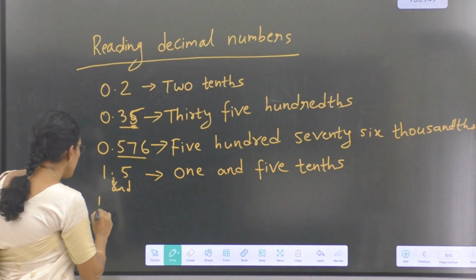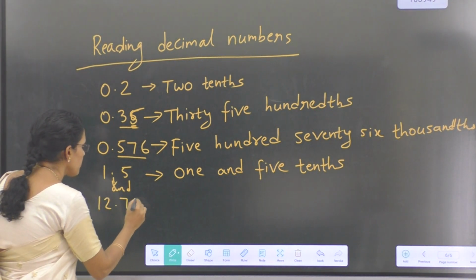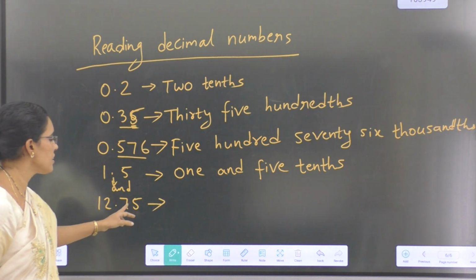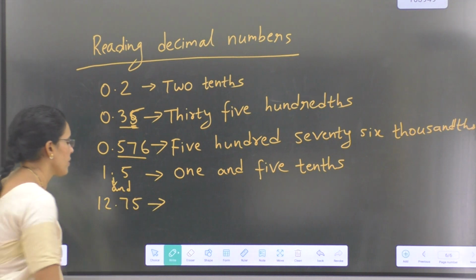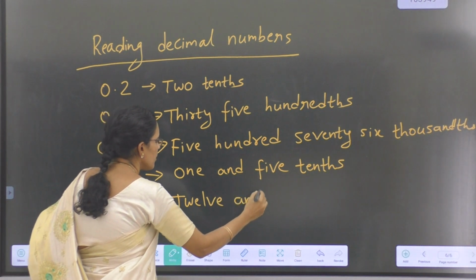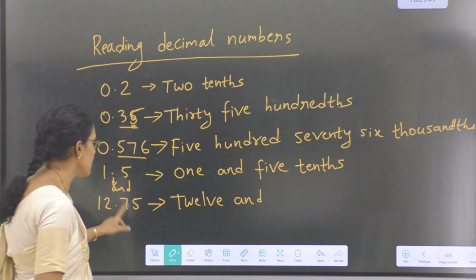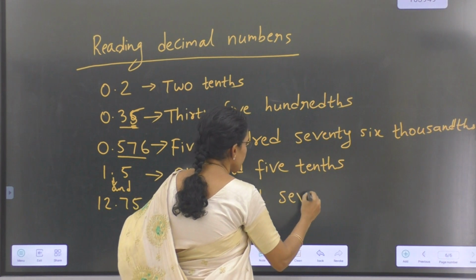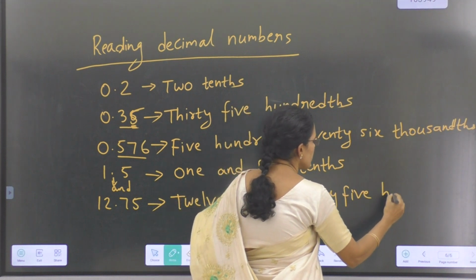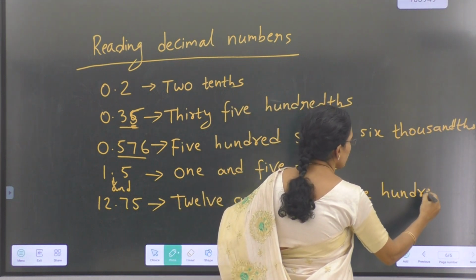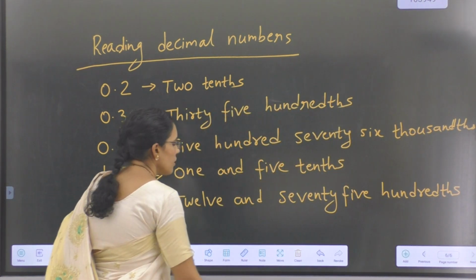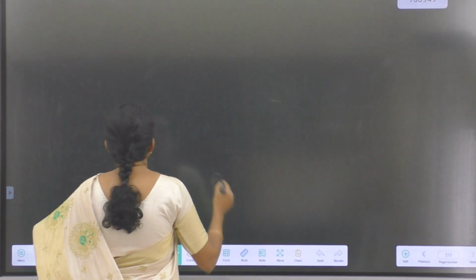If it is 12.75, then we read this as 12 and 75 hundredths. 12, and you use the word and. 12 and 75 hundredths. Okay, let's take another example now.